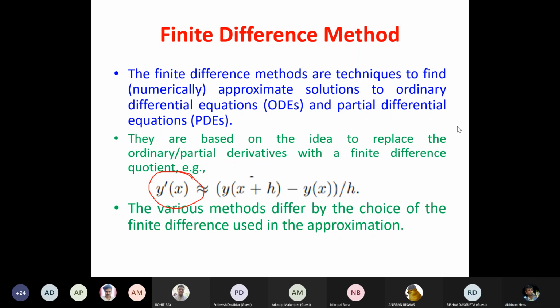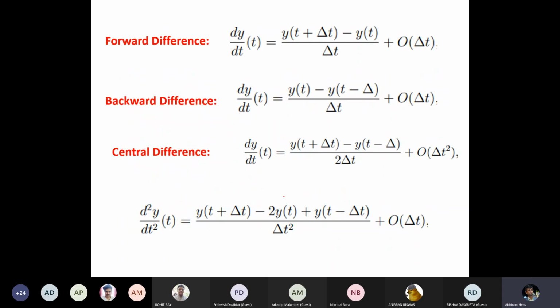The various methods differ by the choice of finite difference used in the approximations. Whether it is y(x plus h) minus y(x), or y(x) minus y(x minus h) by h, all of that can be done. Based on that, this kind of quotient can be derived.